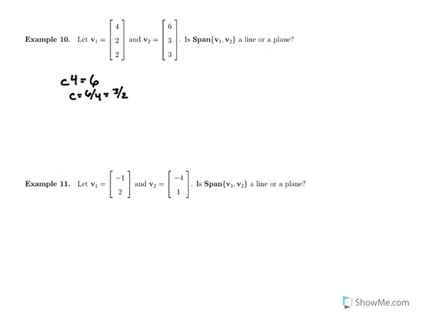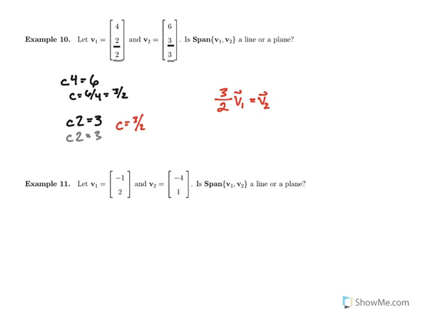That's always going to be the case, but then that same number c has to work for c times 2 equal to 3. It's looking at these digits right here. And for the third digit, same thing. Again, we get the same value, 3 halves. So that just verifies that if I take 3 halves times v1, I get v2.